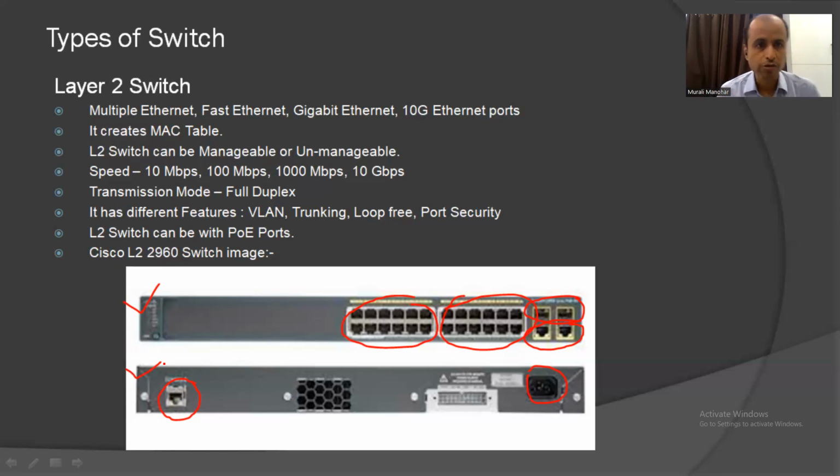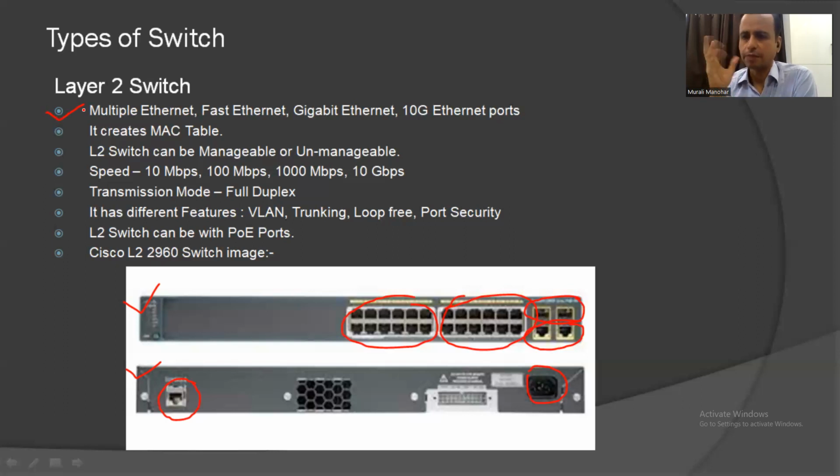Now we will talk about some important points of layer 2 switch. Just see this first. A layer 2 switch can have Ethernet port, fast Ethernet port, gigabit Ethernet port, or 10G Ethernet.